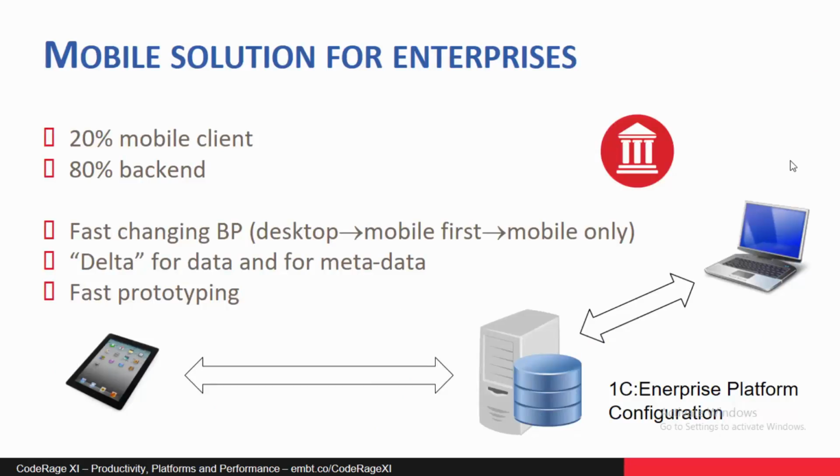If we are talking about enterprise mobility, the server side or server backend is obligatory. So you know that about 20% of the code lines or maybe manpower is for mobile client development, and 80% is consumed by the backend in terms of development. And in our case, the 1S enterprise platform with the appropriate configuration was this ready backend with quite developed advanced communication services.